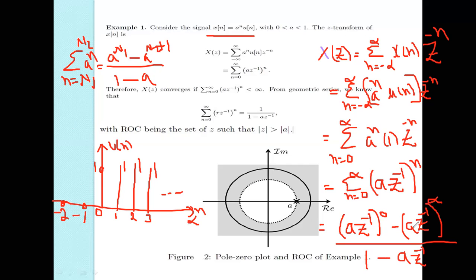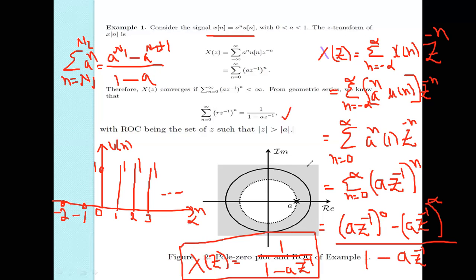Anything power 0 is 1, anything power infinity is 0. So 1 by 1 minus a z inverse. We got X of z is equal to 1 by 1 minus a z inverse. Got it, my dear students?